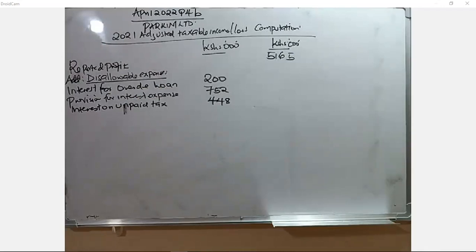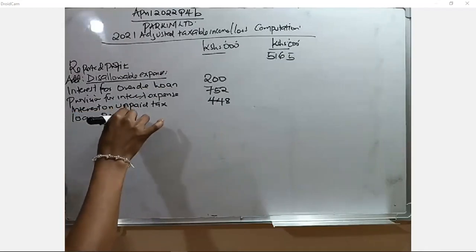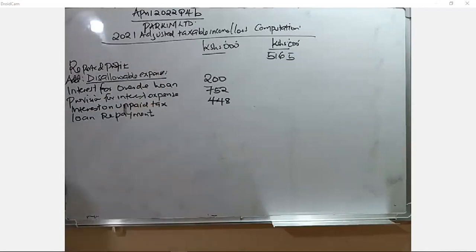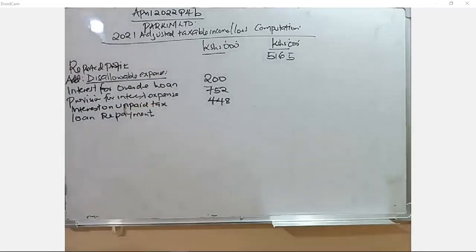Let us go to the statement that I was given here. For the expenses which have been given, I can see that after the gross profit, they subtracted the general expenses. We have loan repayment, which is a disallowable expense, amounting to 1,600.